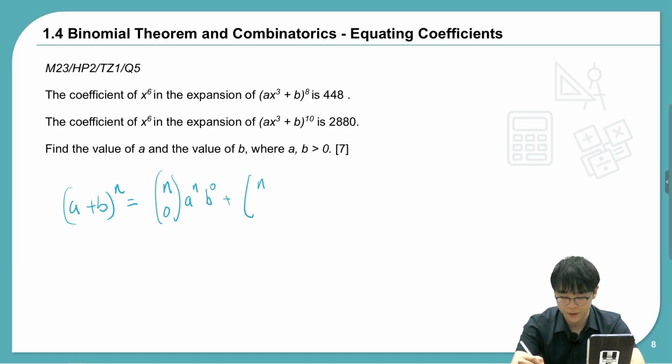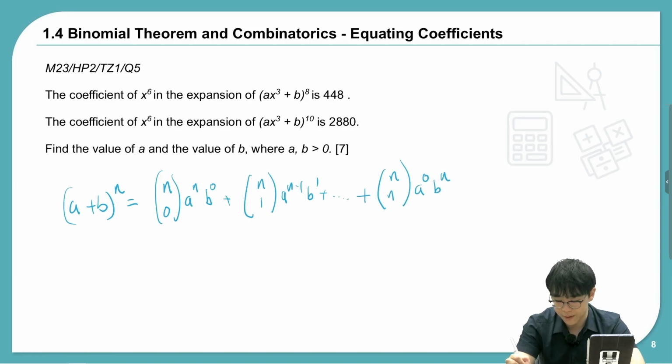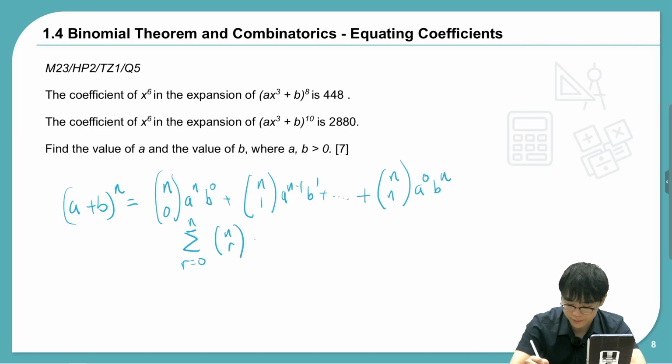Then we're going to get n choose 1, a to the power of n minus 1, b to the power of 1. And this pattern continues until we get, say, n choose n, a to the power of 0, b to the power of n, right? So this is succinctly written as the sum for r from 0 to n of n choose r, a to the power of n minus r, b to the power of r.